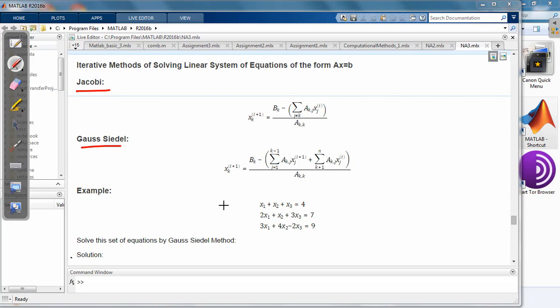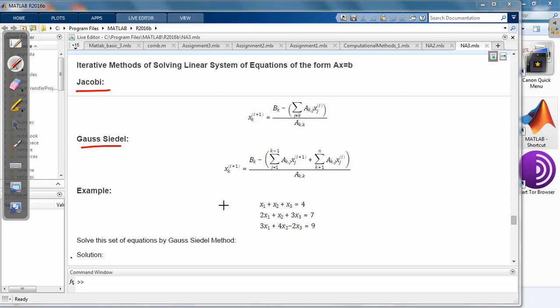It is recommended that you order them according to diagonal dominance. By diagonal dominance, I mean that the principal diagonal terms, when you form the coefficient matrix, should be the dominating ones. It is not that all the time you will get this kind of preference.